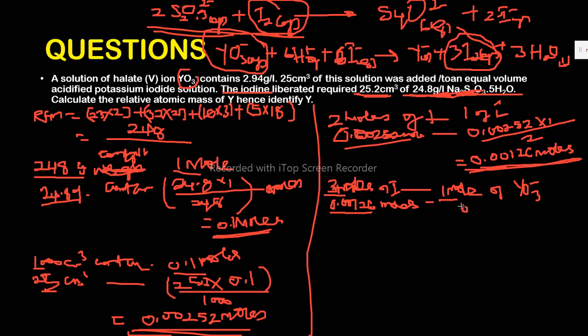So it will be 0.00126 times 1 out of 3. So what is the answer? We shall have moles of the iodate. But see, what's the answer?